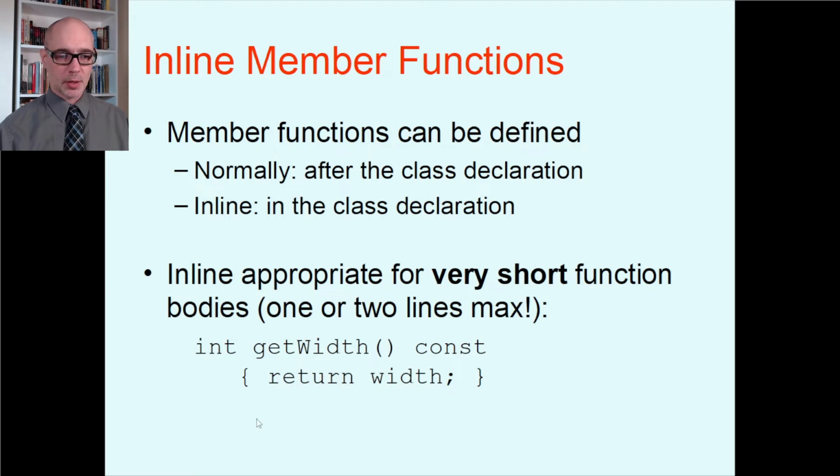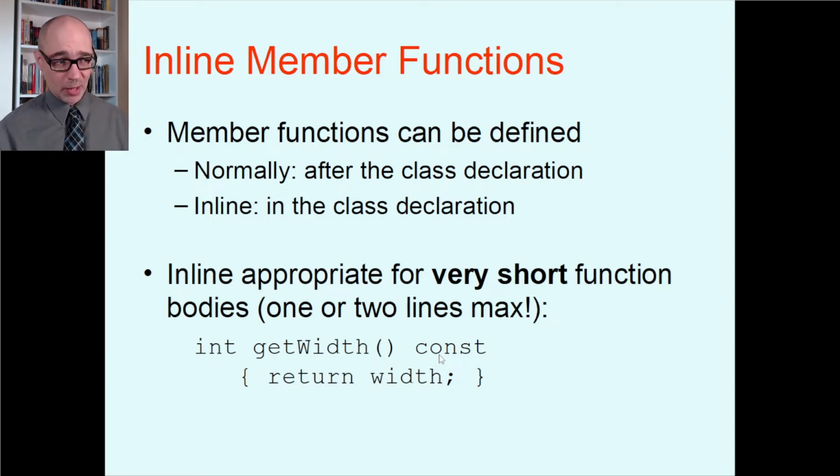Here's an example of a getWidth function. Hopefully you recognize that as an accessor. It's a getter. It's not going to take any arguments, not too surprising. Presumably the width of this object, I guess it's not the same as our rectangle class, must be of type int in this particular class. Getters and accessors don't have any side effects. They don't change any member data.